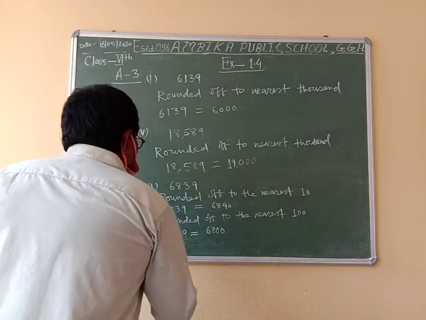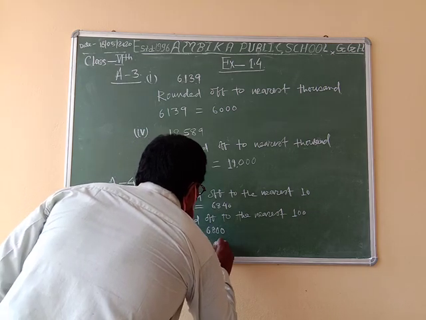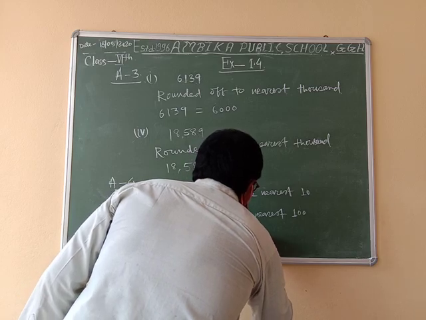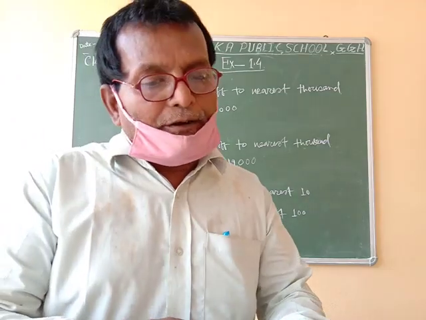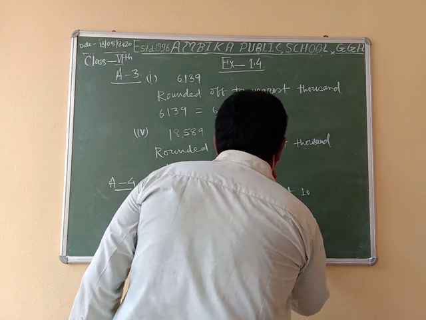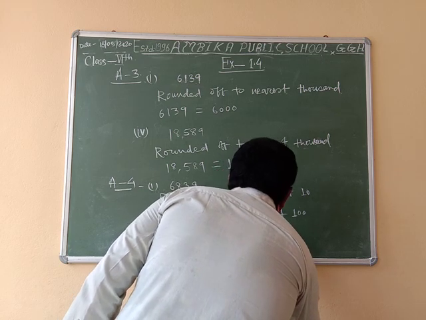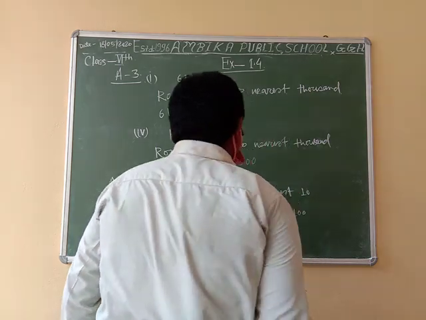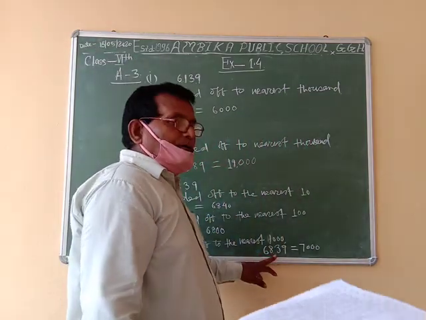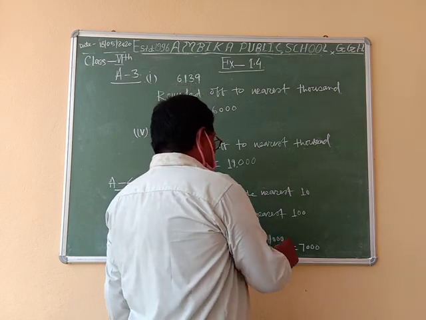Now rounded off to the nearest thousands, 6839 is equal to 7000, because the hundreds digit is more than 5, so we increase the thousands digit by 1 and write 0 at the hundreds, tens and ones digits.